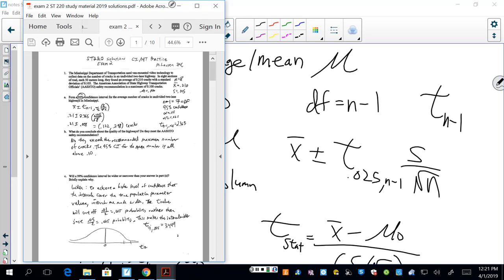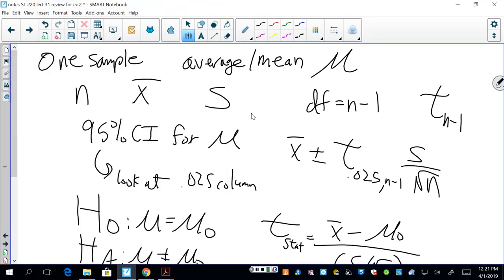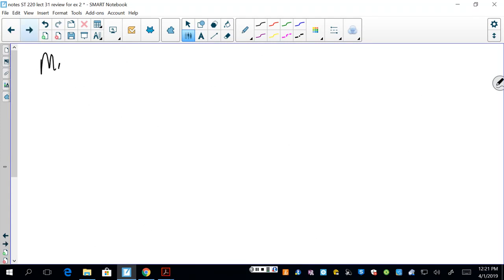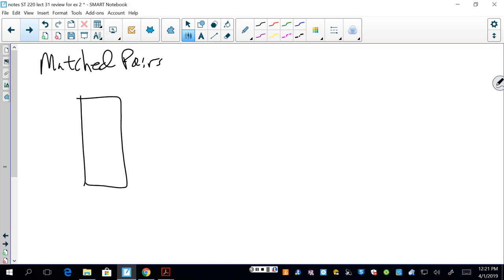The one variation on this, that's very similar, is a matched pairs study. In this case, the design has two variables, and they're measured in pairs.